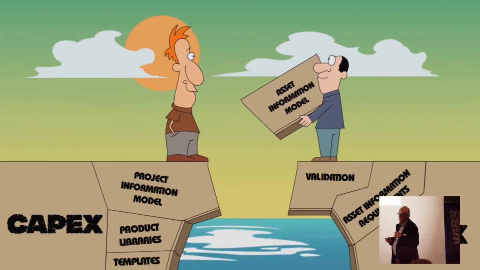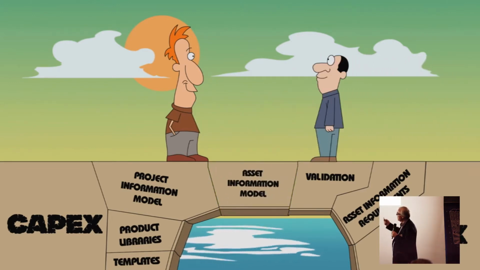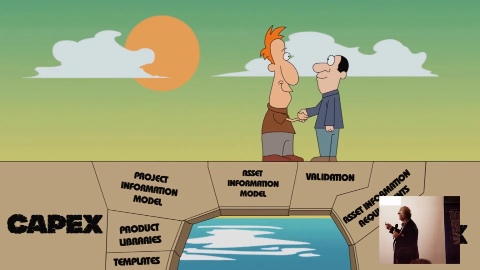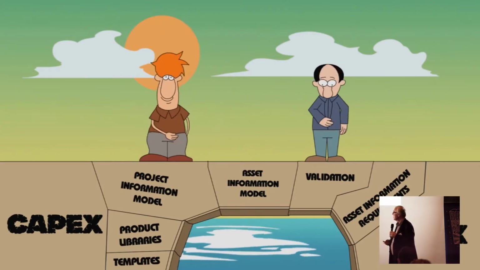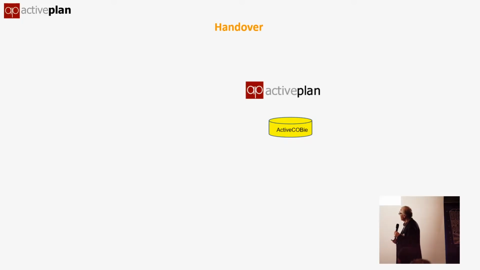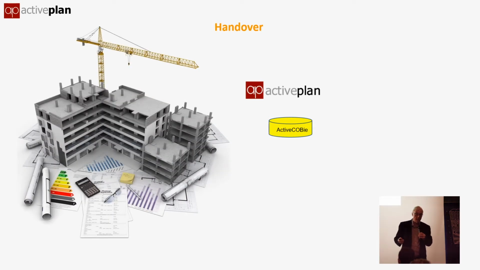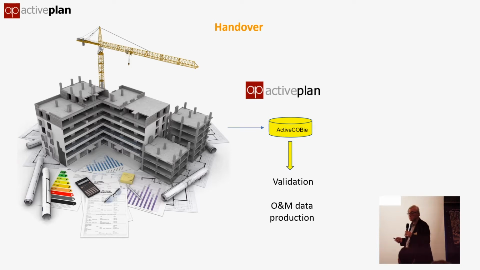So the point about this is that we can go from a geometric model, extract the information out and test it in a COBie environment, so at the very early stages, we can produce an O&M before anything's been finally installed. Yes, there's information that needs to be added afterwards, but I'll come on to that later.